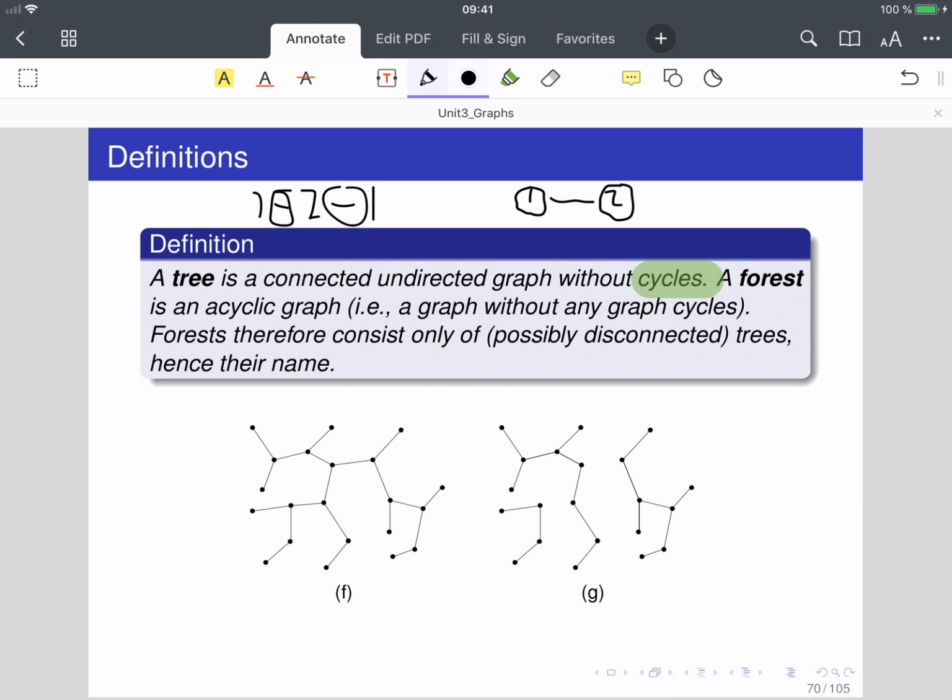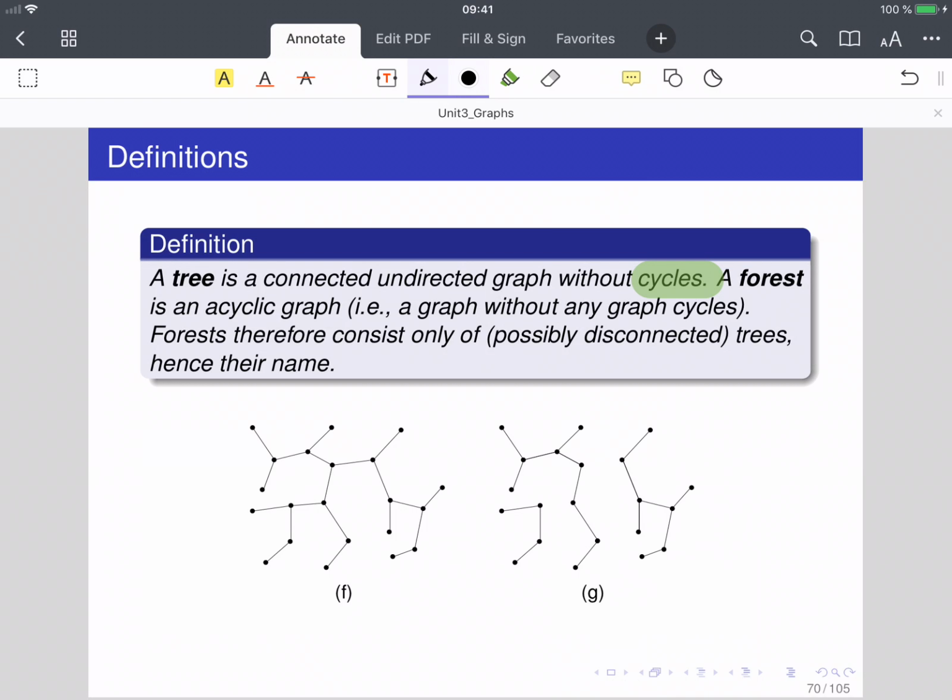Because if I don't have any edge, then I cannot represent any useful situation. So in the context of trees, when I talk about cycles, I talk always about simple cycles, cycles that do not use the same edges more than once.